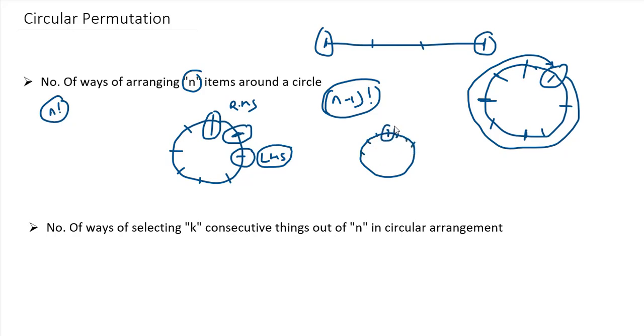So if I take this as a reference point, then this bead and this bead are basically the same bead. It is not like this in case of people. In cases where there is no distinction between left hand side and right hand side arrangement, the n items can be arranged around a circle in (n−1)! divided by 2 ways, because there is no distinction between left hand side and right hand side arrangement.